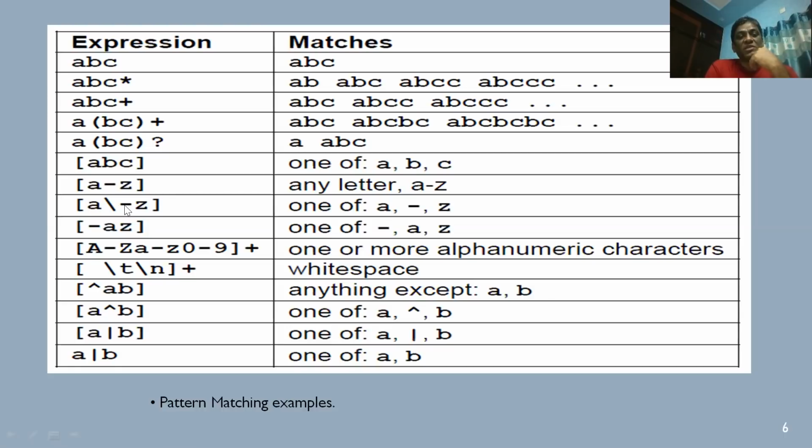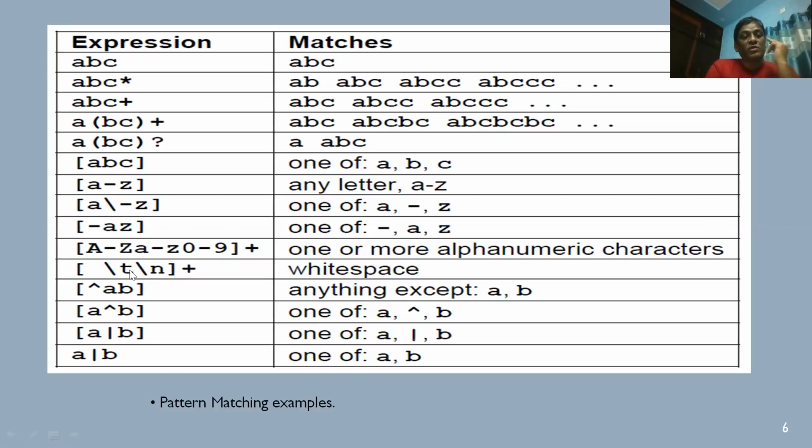So backslash hyphen means find a match for hyphen also. So only three characters are matched. Again, this is hyphen AZ, which is going to be the same as this one. This says capital A to Z, small a to z, 0 to 9 plus: one or more occurrences of any of these combinations, alphanumeric characters.